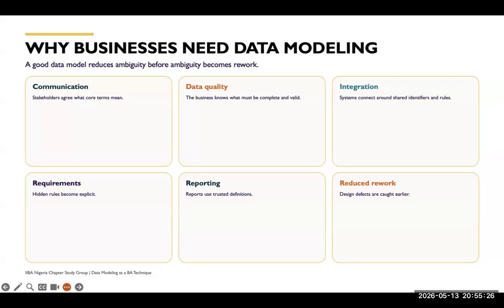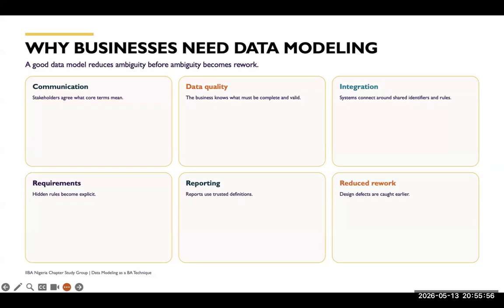Okay, why do businesses need data modeling? I've mentioned some of this as I've been talking. Businesses need data modeling for several reasons. And of course, this is not everything, but we'll just touch on communication. It'll help stakeholders have a shared understanding of what the data is. Let me give a simple example.